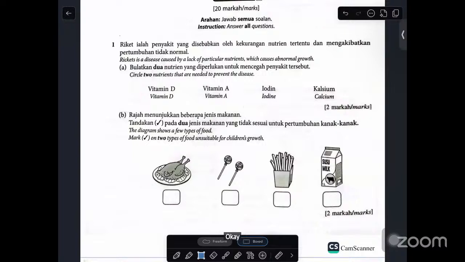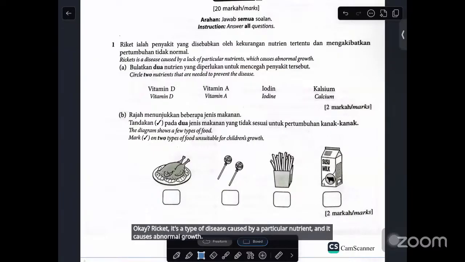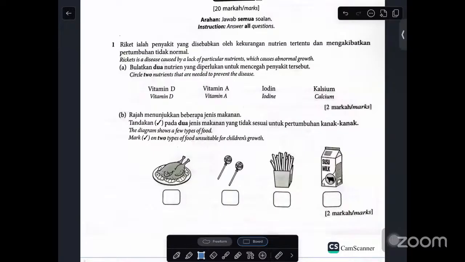Okay, ricket it's a type of disease caused by a particular nutrient and it causes abnormal growth. Apakah nutrien tu? What nutrient causes ricket? What lack of nutrient causes ricket? Which one is it? Sorry, ricket.